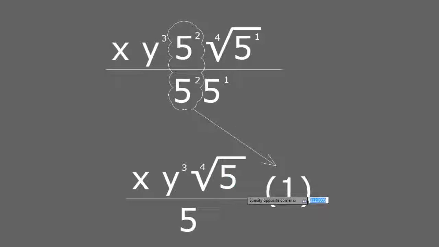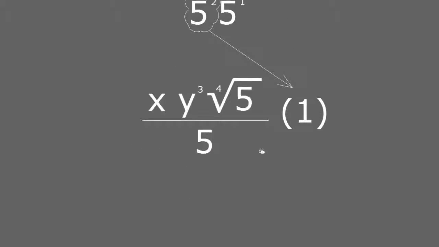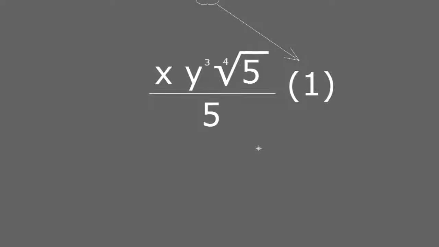So we have just 5 in the fourth root in the numerator, and in the other 5 that is left in the denominator, I don't have to write the exponent 1 because 5 with an exponent 1 just equals 5. So we cannot simplify anymore. We can get rid of this 1, and what we're left with is just this expression.